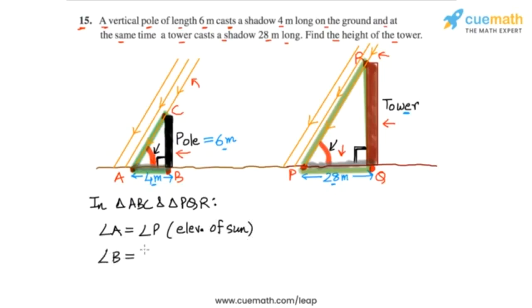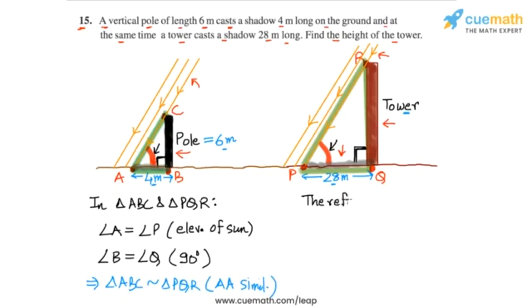And similarly, angle B is equal to angle Q. This is basically because the pole and the tower, both of them are vertical, 90 degrees. Okay, and because of this, we can say that triangle ABC must be similar to triangle PQR by the AA similarity criterion. Okay, and now because these two triangles are similar, their sides must be proportional.